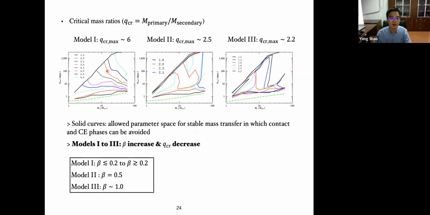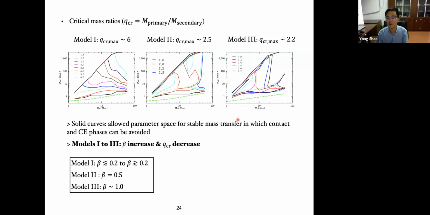For model 1 to model 3, the mass transfer efficiency beta will increase, especially for wide binaries. So for a wide binary, the mass accretion rate of the accretor in model 3 will be higher than that in model 1.